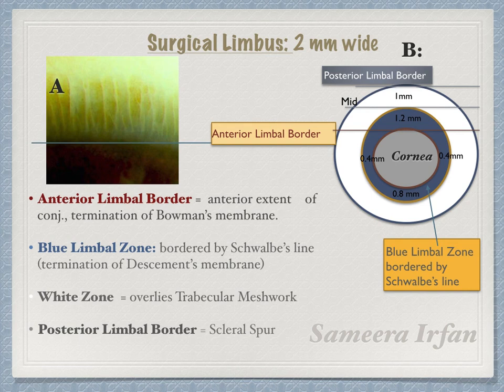The anterior limbal border represents the termination of Bowman's membrane and is actually the anterior extent of conjunctiva. Then the blue limbal zone is bordered by Schwalbe's line, and this is the termination of Descemet's membrane. The white zone overlies the trabecular meshwork, and this is bordered posteriorly by the posterior limbal border, which is actually the marking of the scleral spur.